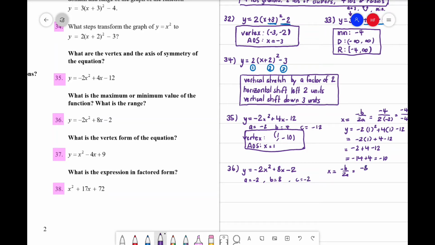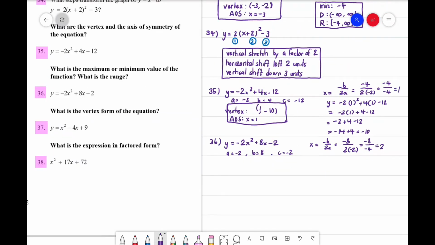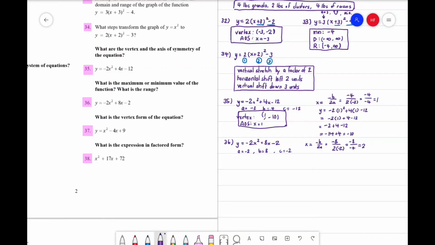So we have negative 8 over 2 times negative 2, which is negative 8 over negative 4, positive 2. So the x value is positive 2, but when I'm looking at minimum or maximum, I just want the y value. So we're going to plug the x value in to find the y value, which will give us the minimum or the maximum.